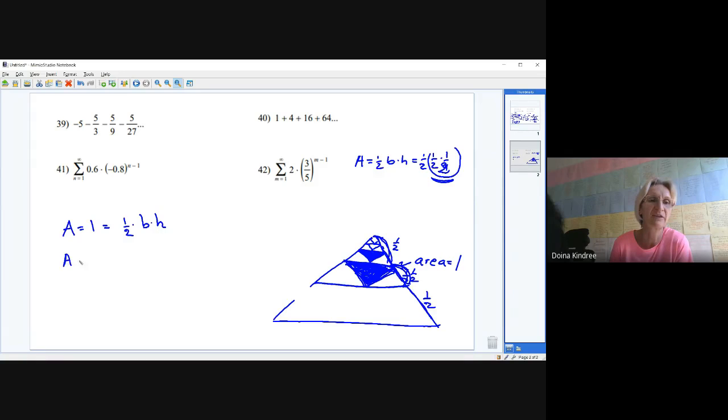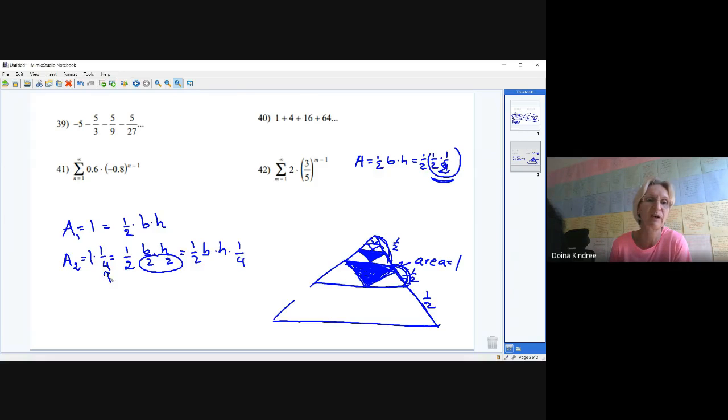But now the second: a1 is 1, a2 is 1/2 times b over 2 times h over 2. So this becomes 1/2 times b times h times 1/4. So I have 1 times 1/4.